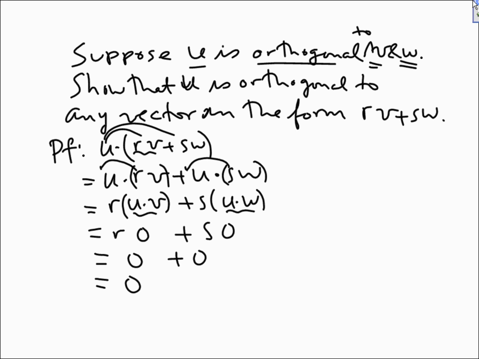So, therefore, U is orthogonal (let that symbol mean orthogonal) to RV plus SW.